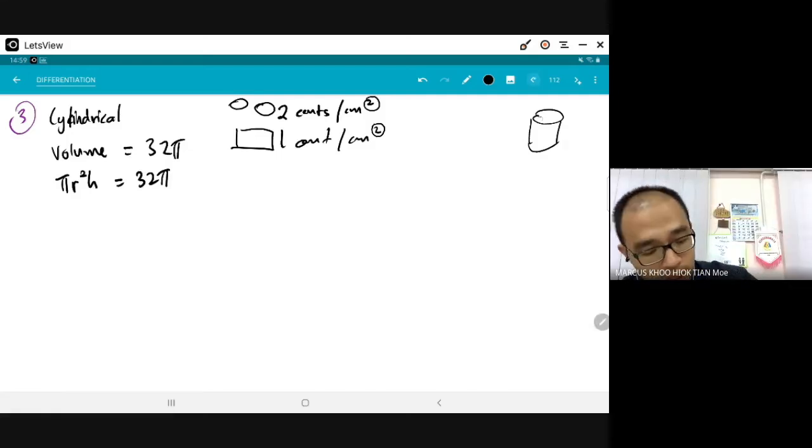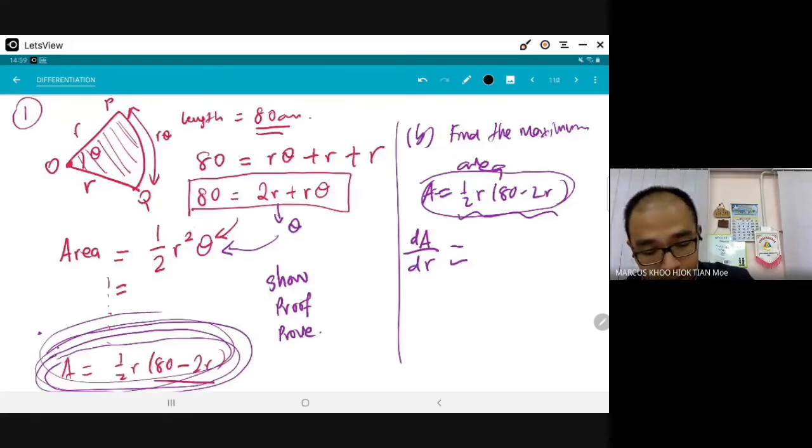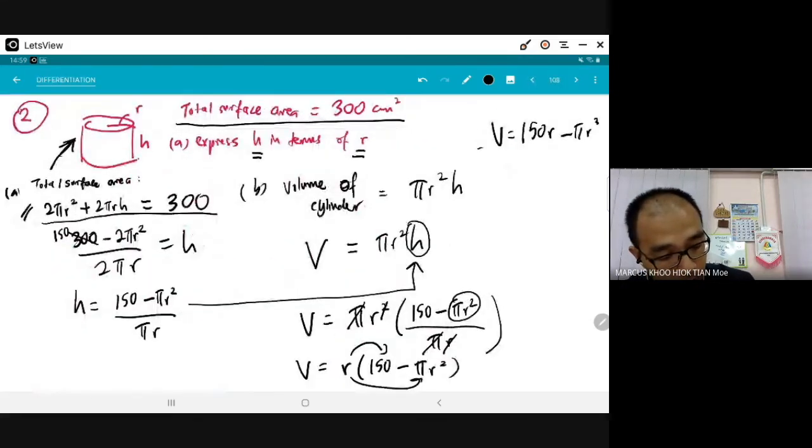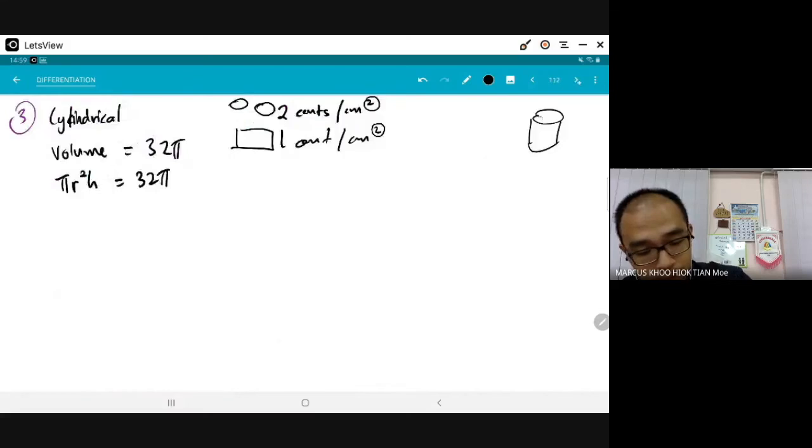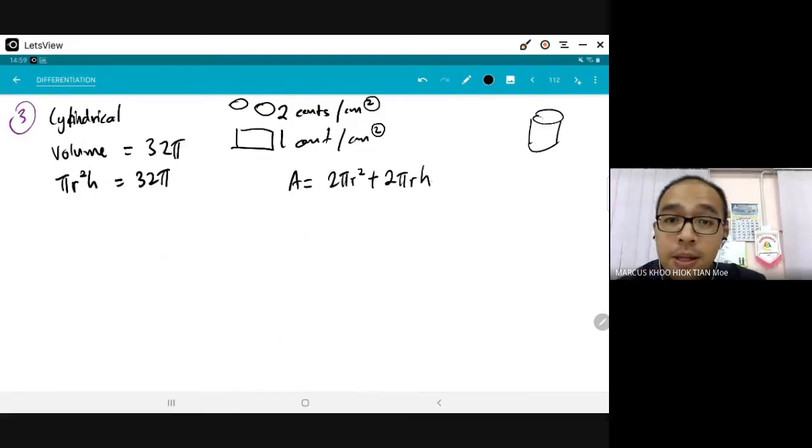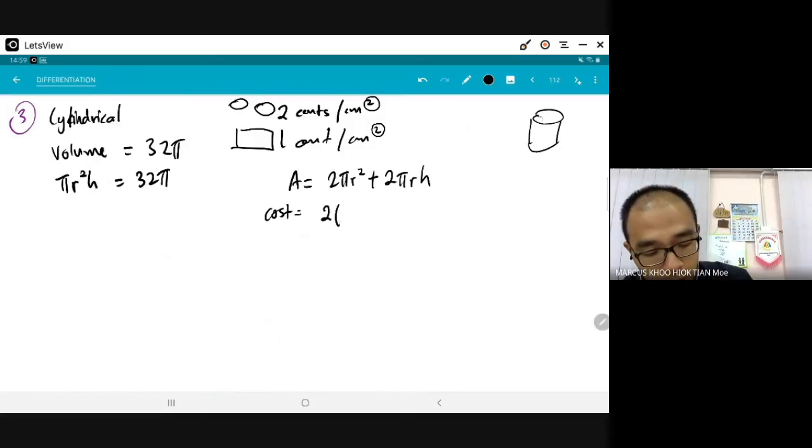Okay, now if you remember from the question just now, area of cylinder, astaga, is this one. Okay, 2 pi r squared plus 2 pi r h. Now, if you want to show the cost, then the cost will be 2 times 2 pi r squared plus 1 times 2 pi r h.